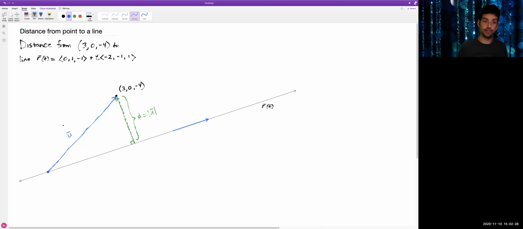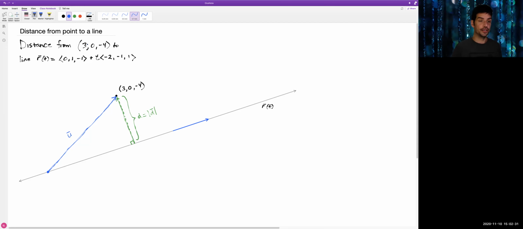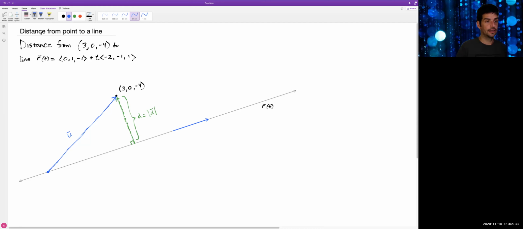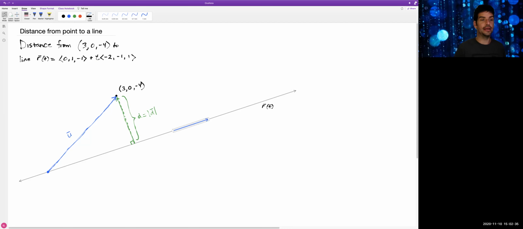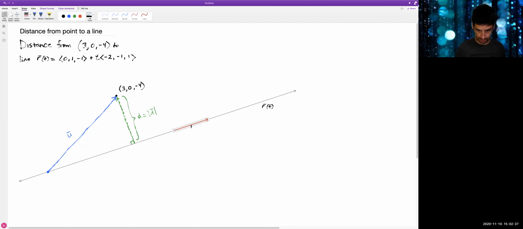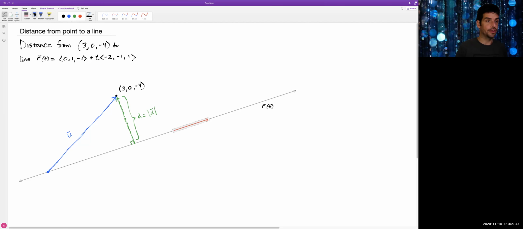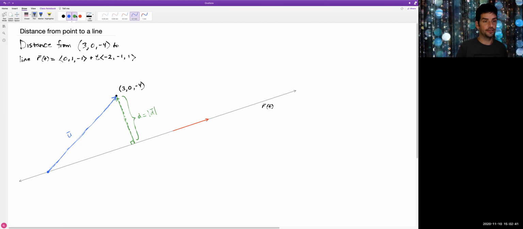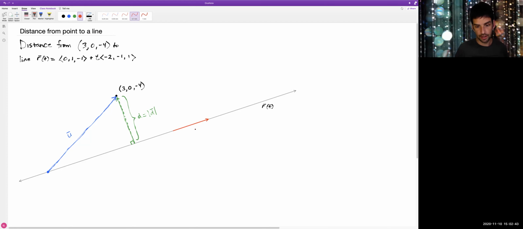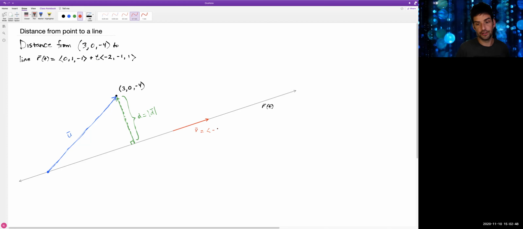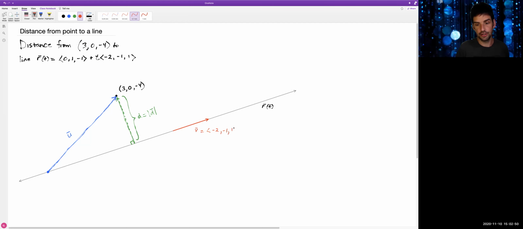And the way I'm going to do that is, if we remember from the dot product, one of the things we were able to do with the dot product. So here's, let me label this. Here's the vector v, which I'm just using to be the direction vector of the line in question.